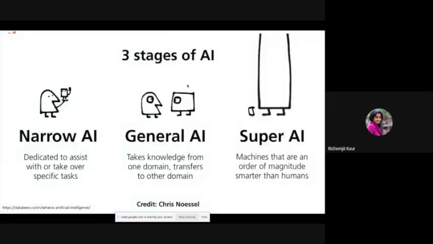So generally, when we talk about AI, we say there are three stages or three different types of AI. That is narrow AI, general AI, super AI, right? So whenever you hear about machine learning AI around you, like all of us use Gmail, right? There is a spam folder where all the emails which are tagged as spam go.